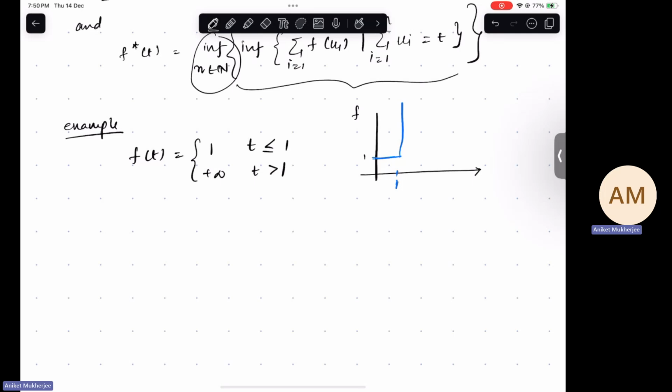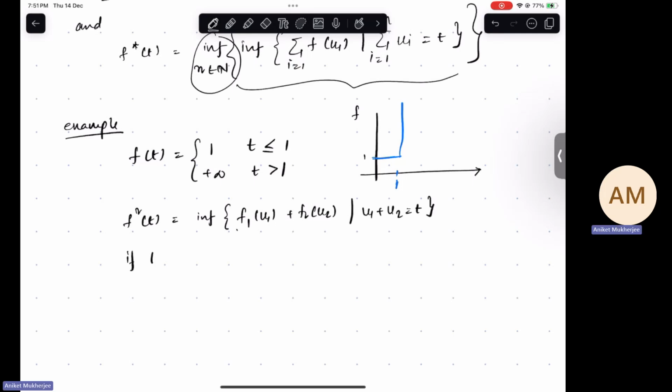So now we'll calculate f2 of t. So f1 of t is f of t. This is basically inf summation i equal to, f1 u1 plus f2 u2 such that u1 plus u2 equal to t.